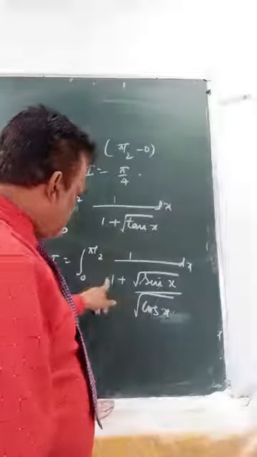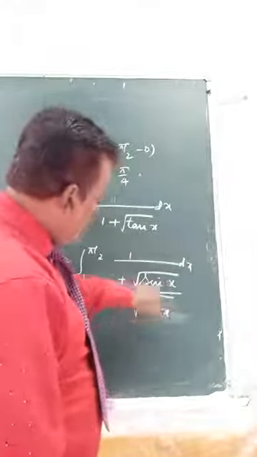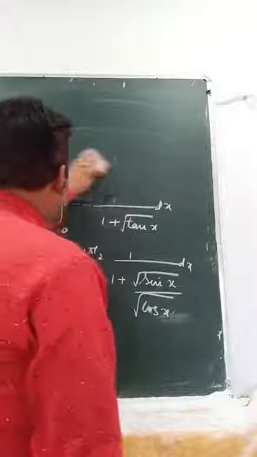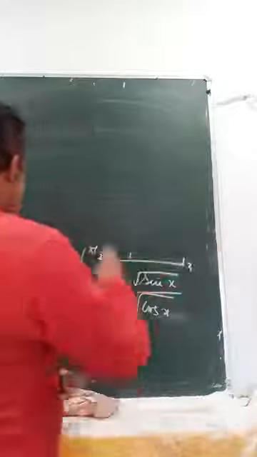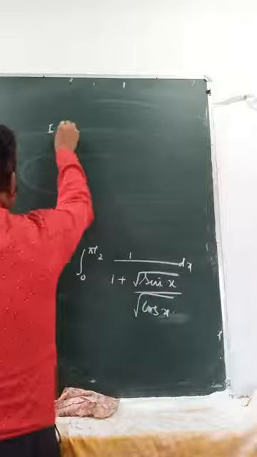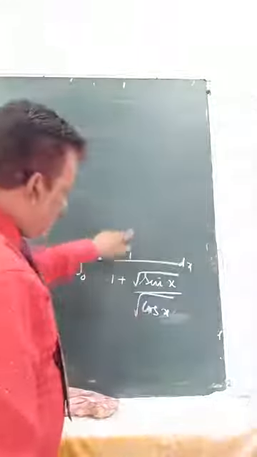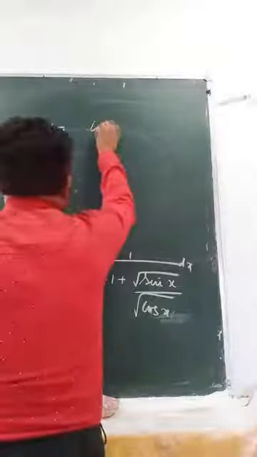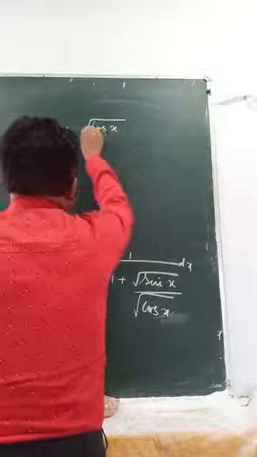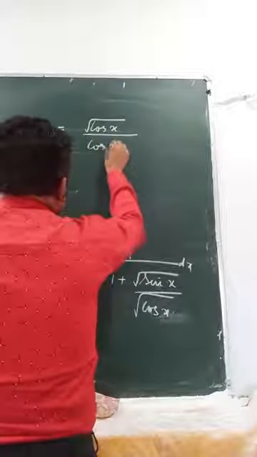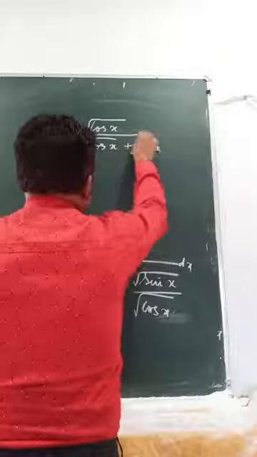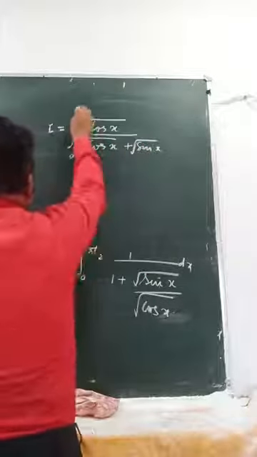After taking the LCM, the denominator is root cos x plus root sin x, and root cos x will go to the numerator. So I equals integral from 0 to pi by 2 of root cos x by (root cos x plus root sin x).